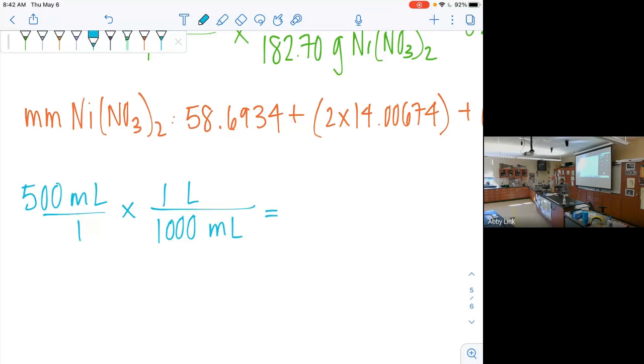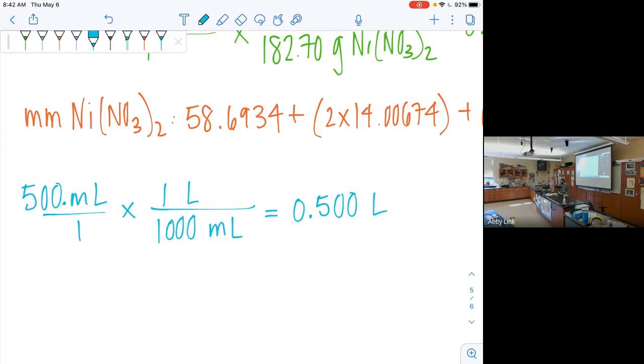When I divide that, I get 0.500. Notice that I'm using 3 sig figs here because, oh no, they have a decimal point here, guys. That's why. Sneaky. That's why I have 3 sig figs there. All right. Hate when they do that.